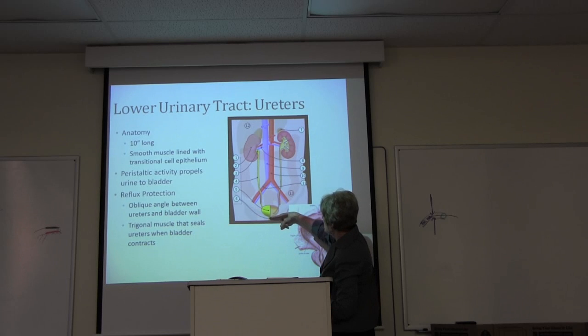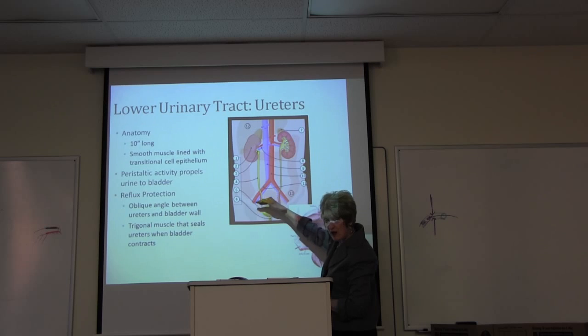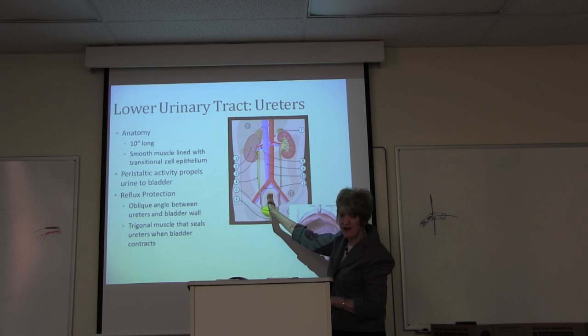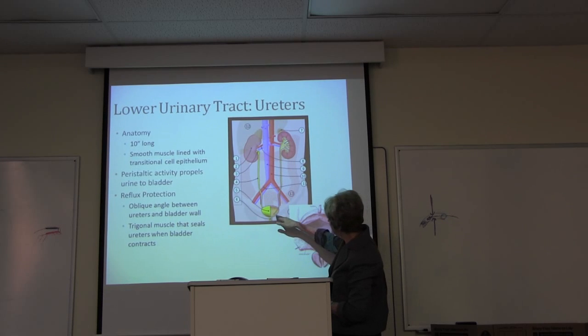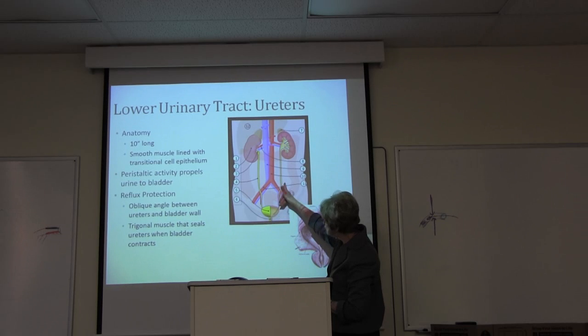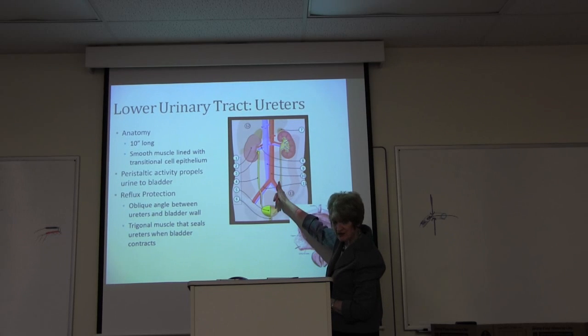So that means that as the bladder fills with urine, you've got urine up above the level of the ureteral opening, which would create a significant risk for upward migration of bacteria and for pyelonephritis. Also think about the fact that when the bladder contracts, you could be pushing urine, pushing bacteria up the ureters.